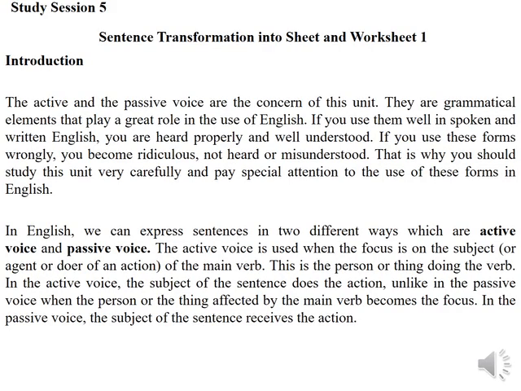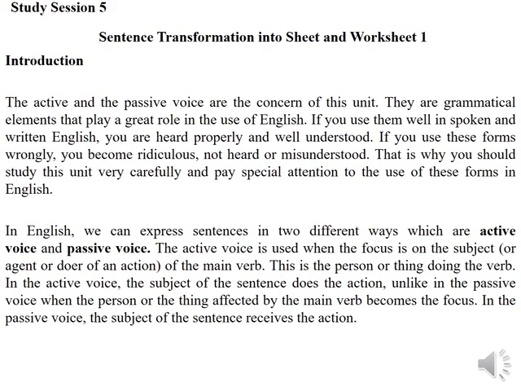In English, we can express sentences in two different ways, which are active voice and passive voice. The active voice is used when the focus is on the subject, agent, or doer of an action, that is, the subject of the main verb.